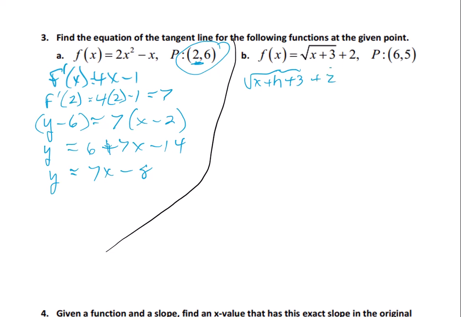There's my y2 minus the square root of x plus 3 plus 2. All that's over h. We're wanting the limit as h approaches 0.